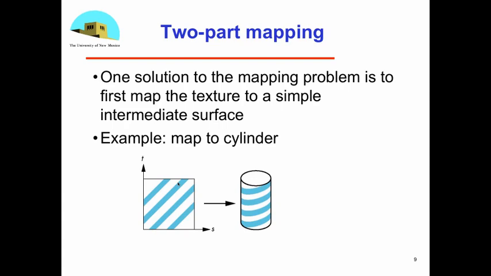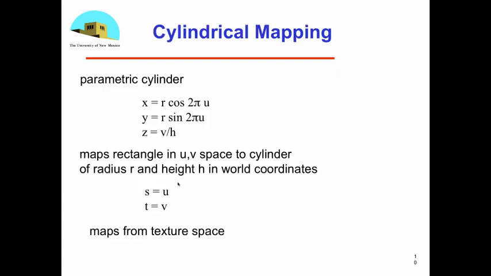So what we do is say, well, if I had some simple objects, I could do it. So for example, if my image was like the label on a soup can, that's always an example people use, it would be this nice rectangular area wrapped around a cylinder, and that's a very easy map to do, and I could combine that with a very simple parametric model of the cylinder.